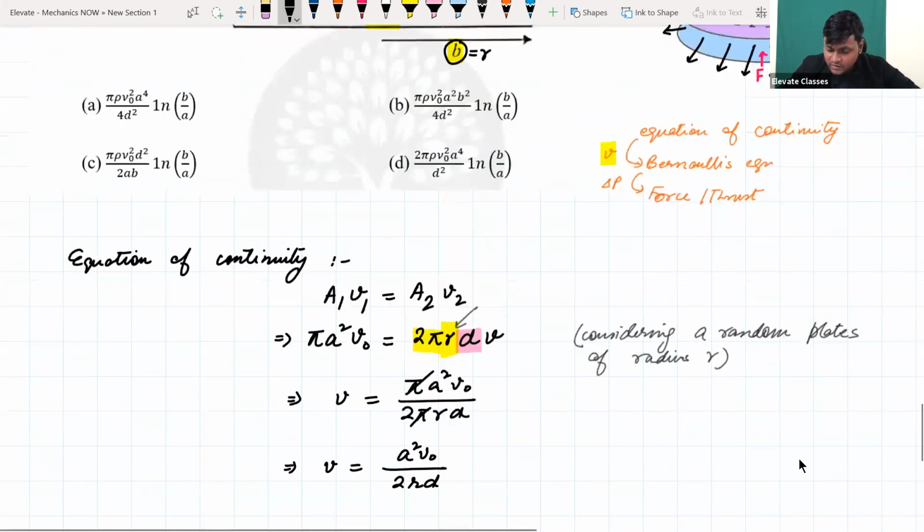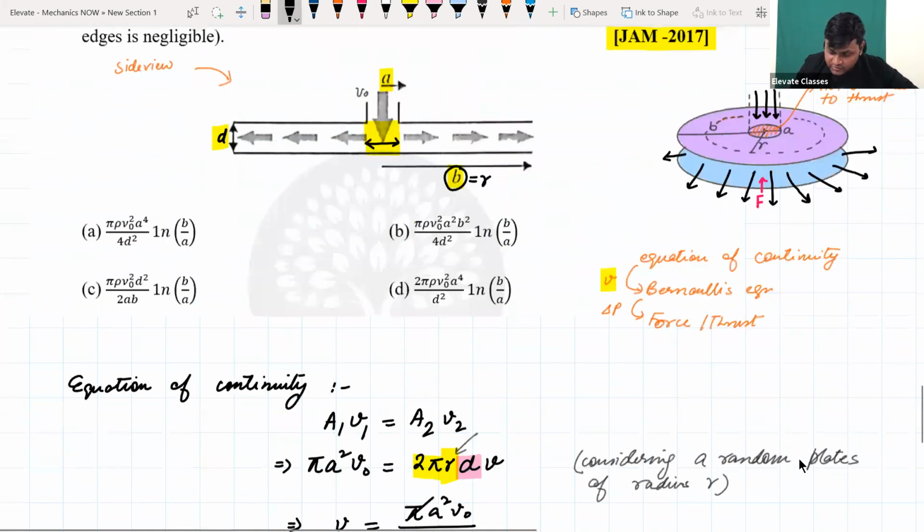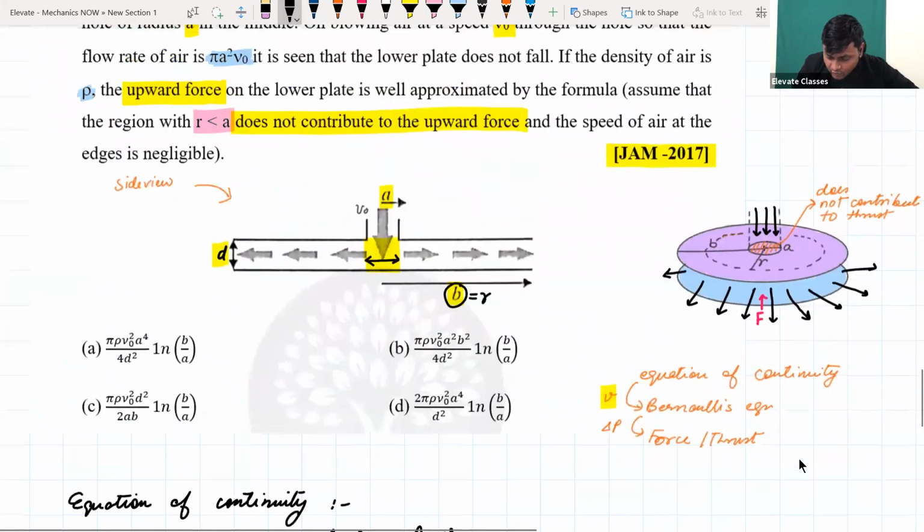If you look at this with Bernoulli's equation, you see that there is an air flow here, and then there is an air flow here, and there is air here also. But the only difference is that the air here is static. There is zero velocity in the fluid here, but there is a velocity vector in the fluid here.